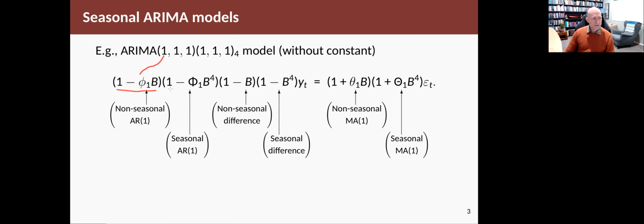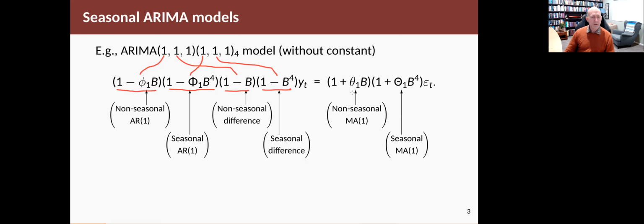The next section describes the seasonal AR(1). Then we have the non-seasonal difference, the lag 1 difference. Then we have the seasonal difference, and that's from the capital D equals 1. It gives us the seasonal difference at lag 4.